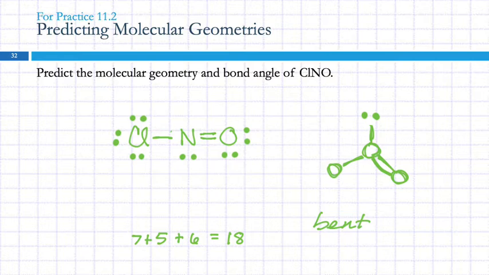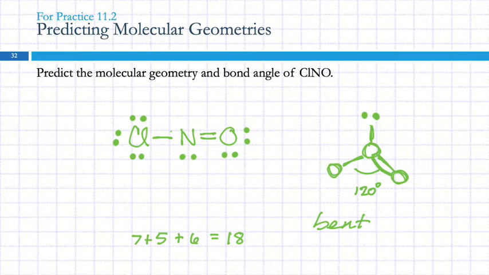It's not asking you to give a specific number, because the only way you could do that is to look at information about this specific molecule. If it was a perfect trigonal planar shape, what would the angle be? 120. So we think of this as starting out the bond angle here of 120 degrees.